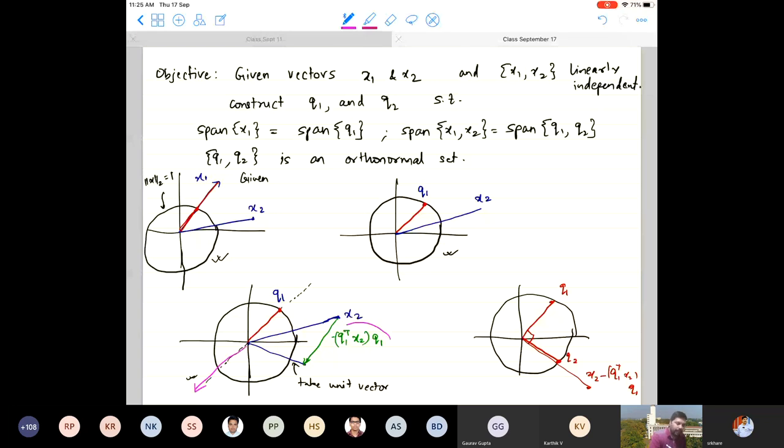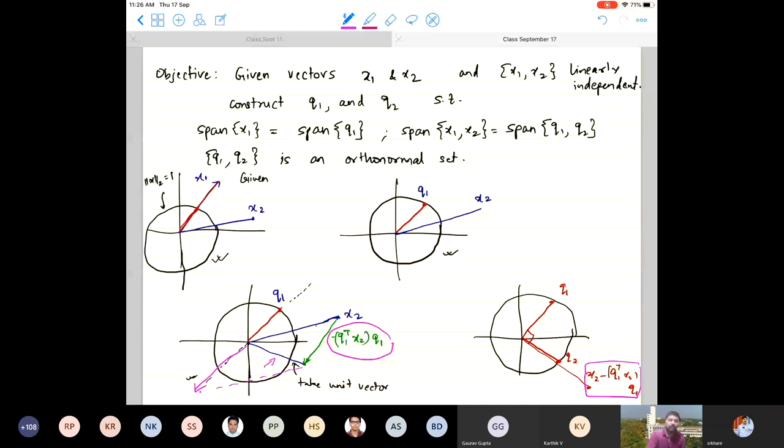And then I complete the parallelogram. When I complete the parallelogram, the addition of x2 and this vector is this diagonal. That diagonal is the vector that I have written here. It is not norm 1, so I make it norm 1, and it goes here. What is the advantage of this weird operation?